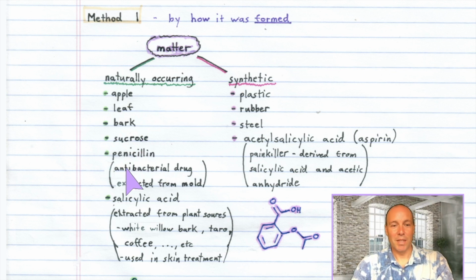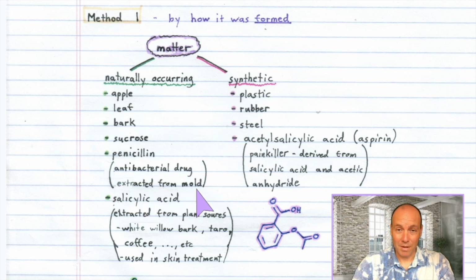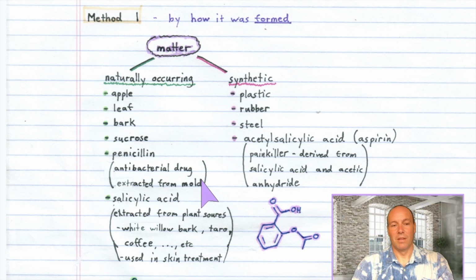Penicillin. Penicillin is actually an antibacterial drug discovered a long time ago, and it's extracted from mold. So that moldy table in your basement, there might be some penicillin in there that you could extract out of it. So it's naturally occurring.